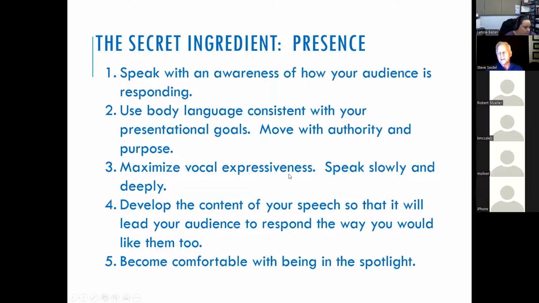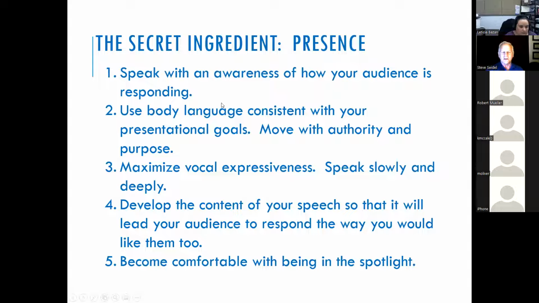Okay, so the trickiest part of all of this, right, is mastering the secret ingredient. And this one, I don't even think the psychologists probably know exactly how to describe to the T, but I'm going to try. Okay, so you want to have stage presence, but what does that mean?